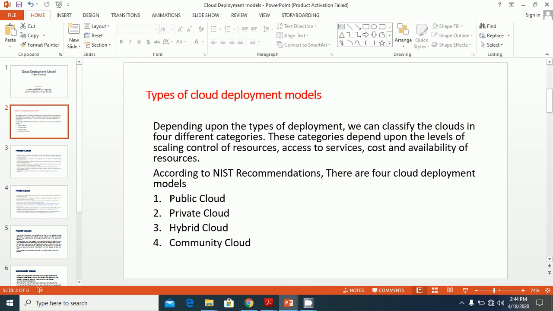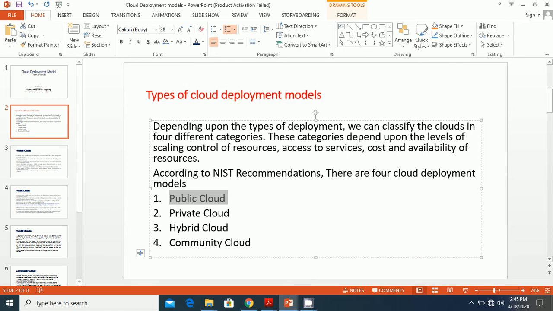They are basically public cloud, private cloud, hybrid cloud, and another one is the community cloud.